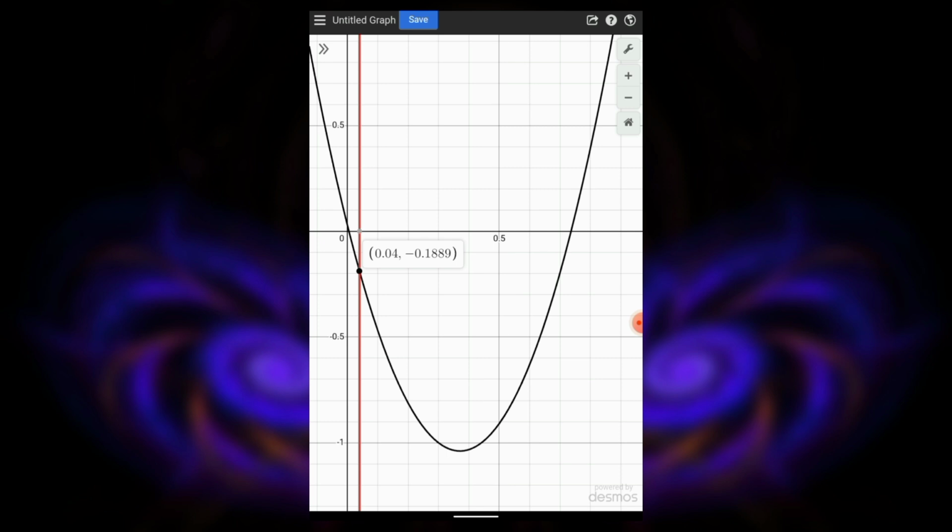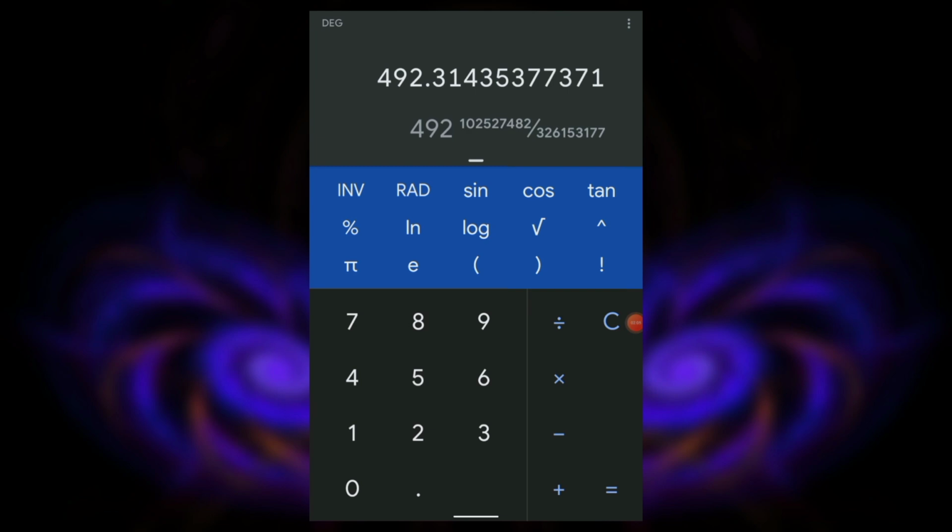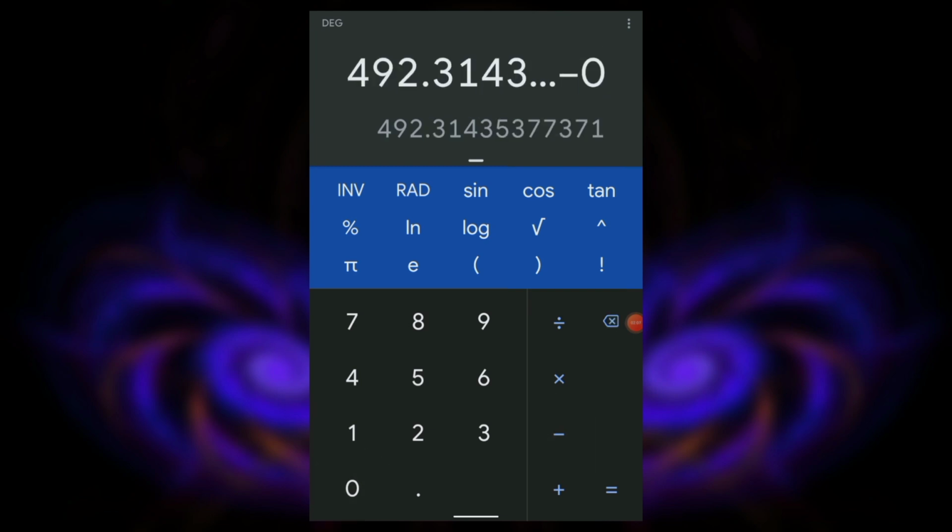It's minus 0.1889, and if you remember, we just have to add this value, since it's negative, to our previous result. So that gives the value to be 492.1254. Let's add that to our notes.